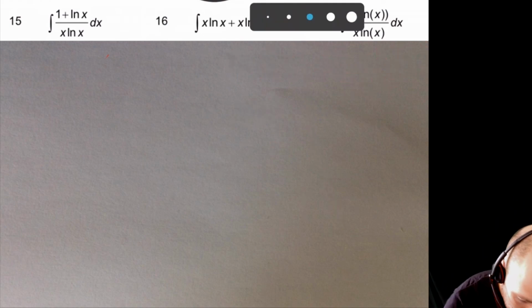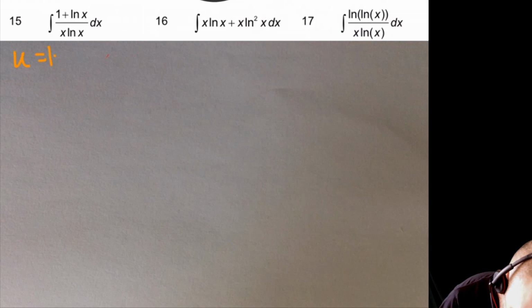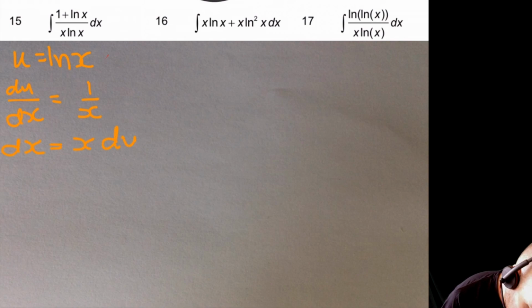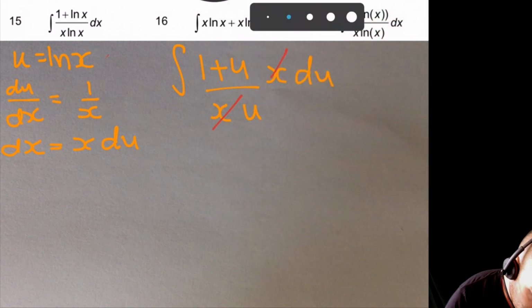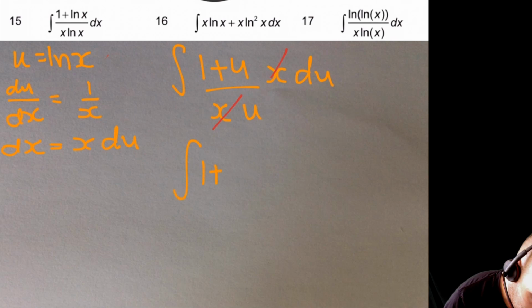So first one, I said use u equals ln x. So du dx is going to be 1 over x, so dx is going to be x du. So the integral is going to turn into (1 plus u) over xu, times x du. Those x's will cancel, so we get (1 plus u) over u.